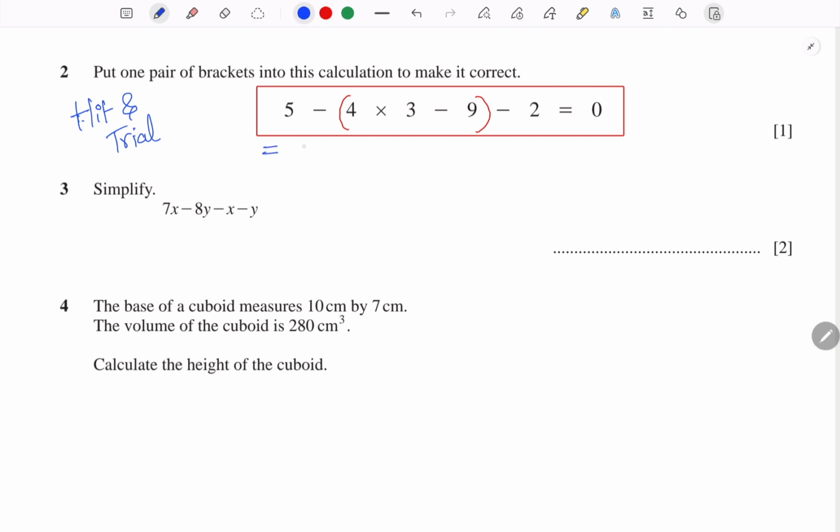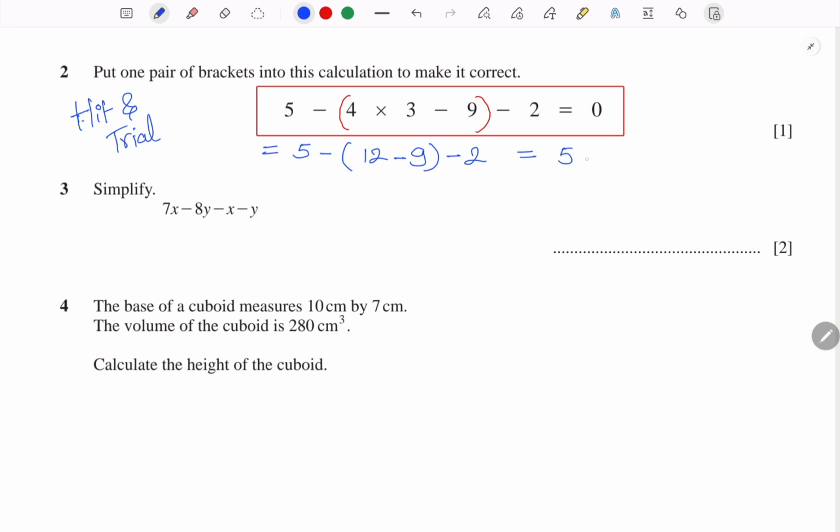First, you have this 5. We know that we have to calculate the part inside the bracket first. For that, I will multiply first, because the rule of BODMAS says that I need to do the multiplication first. 4 into 3 is 12, minus 9, minus 2, right? Let's solve this again.